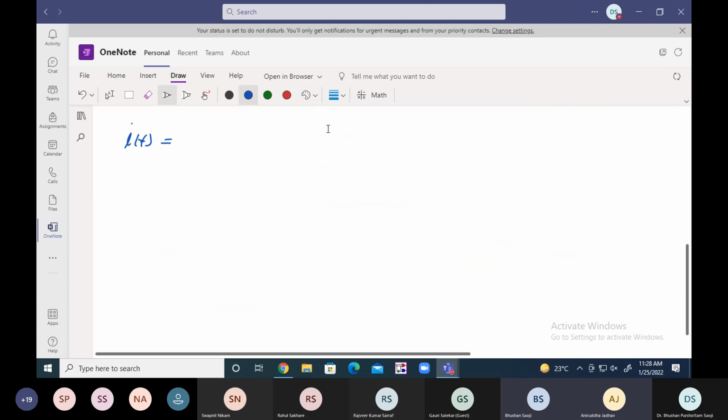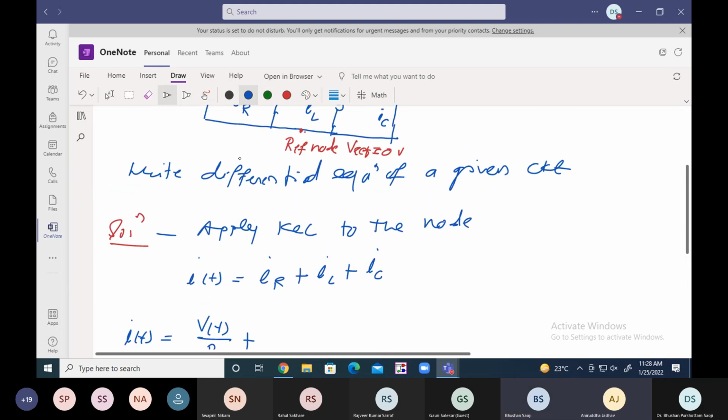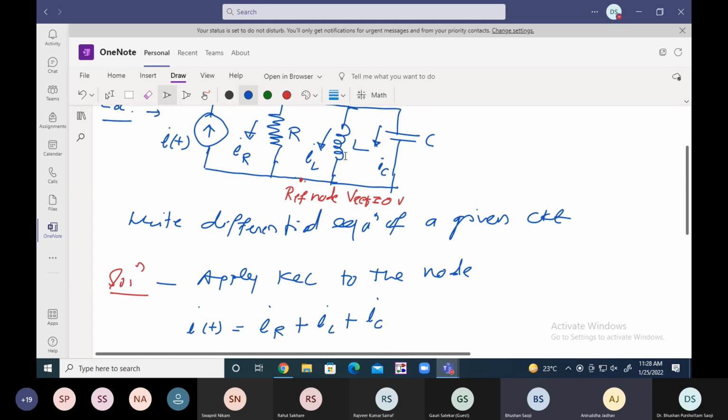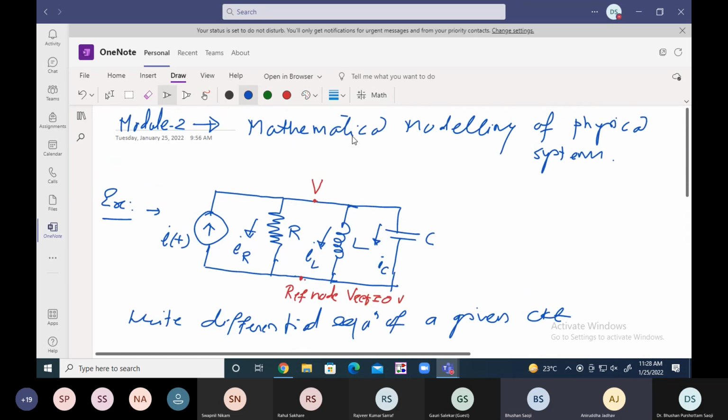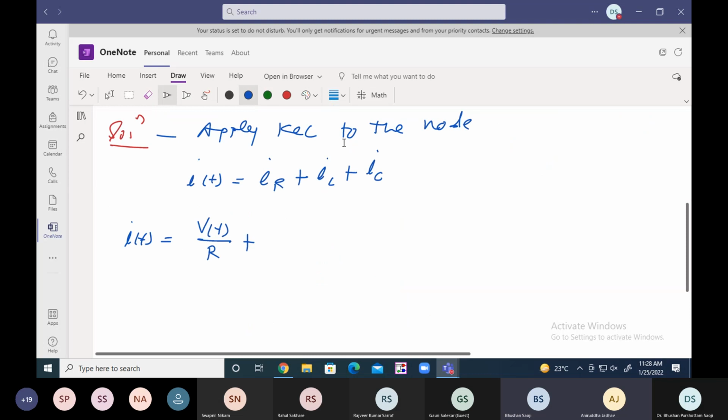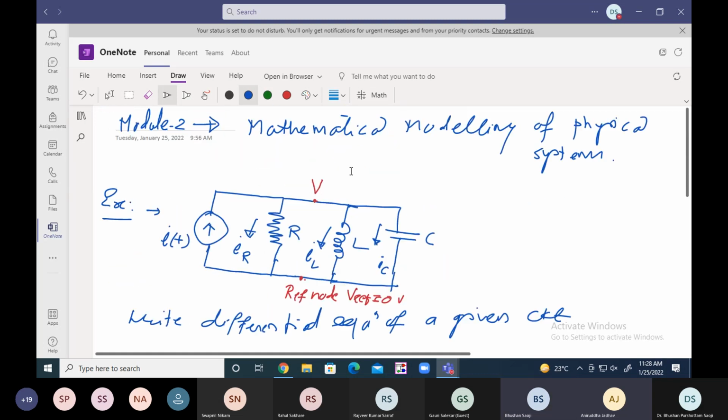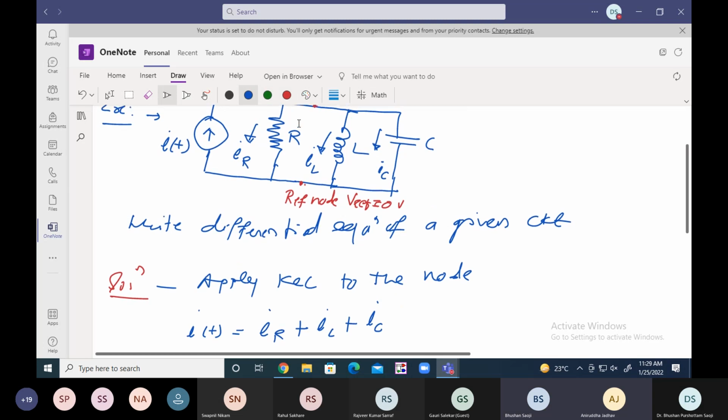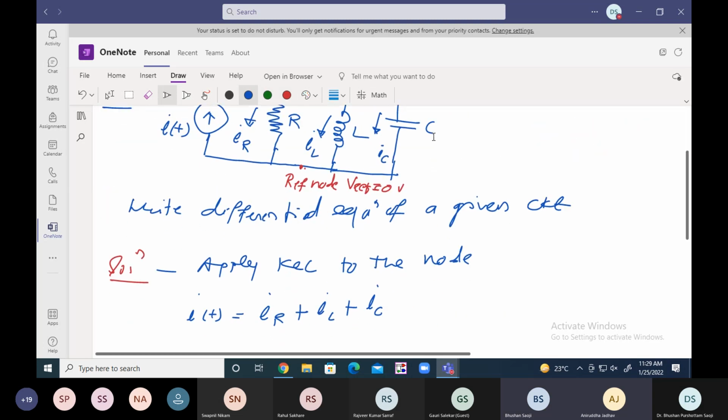That is V. So it is V of t divided by R, plus the voltage across the inductance, that is V, and the inductance value is L. So we can write 1 by L integration of V of t into dt, plus the voltage across the capacitance is again V and the capacitance value is C.